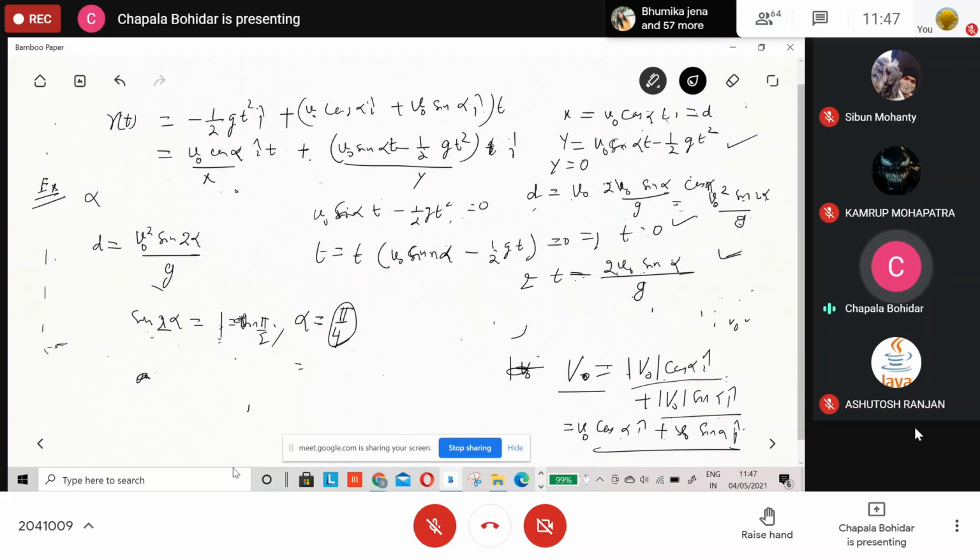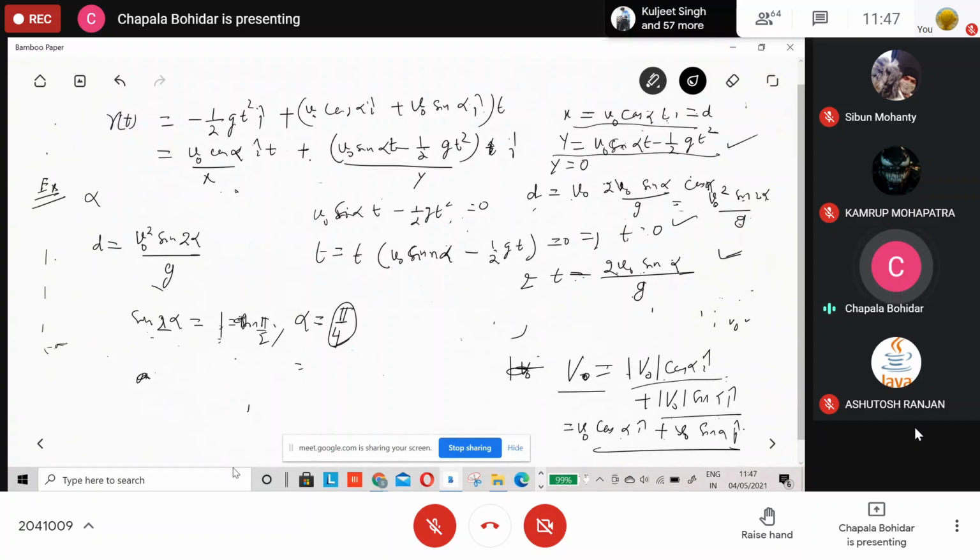So you have to remember this formula. The value of x is this one, the value of y is this one. Then only you can solve your problems easily. When it touches the ground, y is equal to 0, and from that we get the value of t.